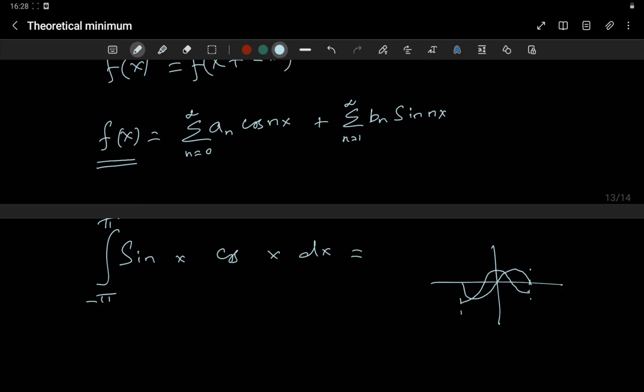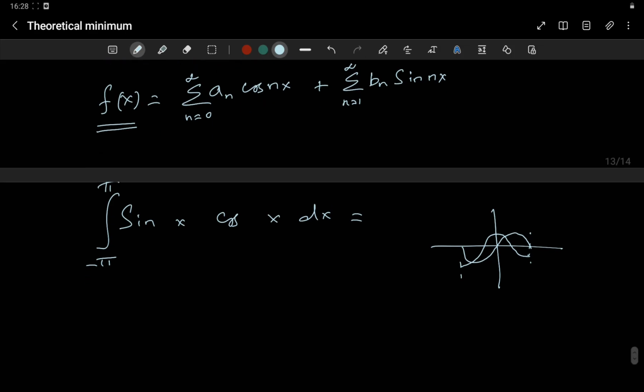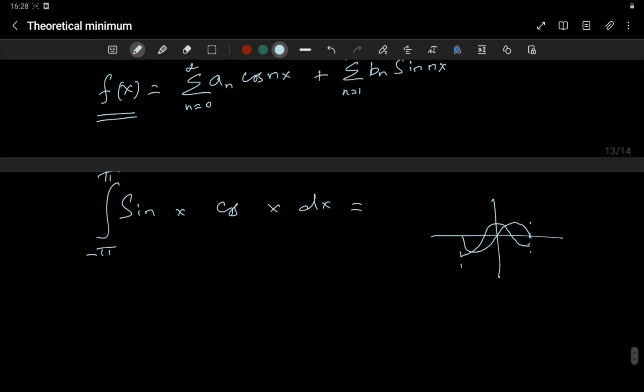So at this point, this into this is the same as at this point, this into this, so those two contributions are getting cancelled. Similarly here also you could see the contributions are getting cancelled, and you could see it like that for any sin x and cos x, or any cos mx and sin nx.